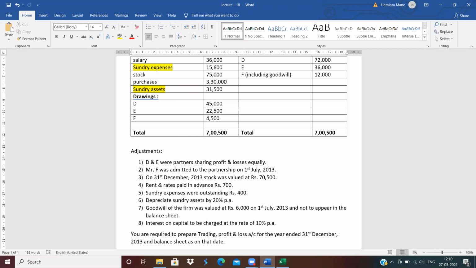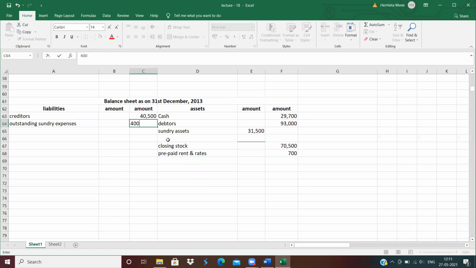So calculate 20% depreciation on sundry assets. See here, sundry assets less depreciation of 20%. So 20% on this means 6,300. So 31,500 minus 6,300 is 25,200.